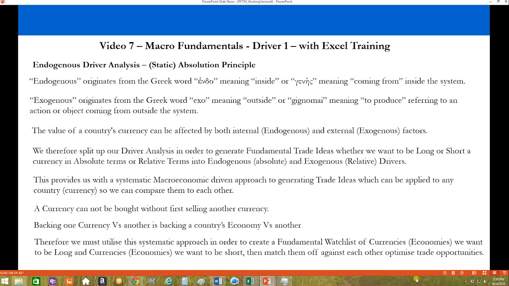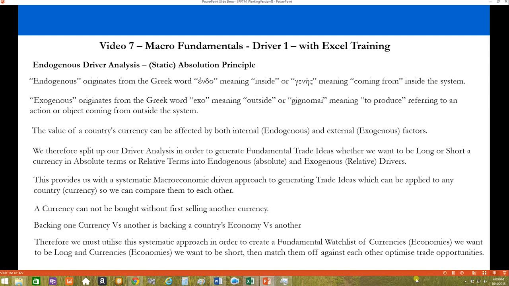And we basically combine the two analyses. And what this does is it provides us with a systematic approach, a macroeconomic systematic approach to generating trade ideas. And this can be applied to any country or currency, so we can basically compare them to each other.